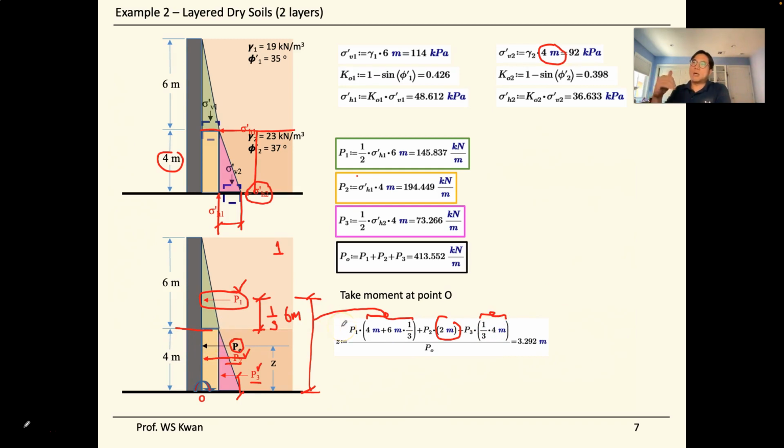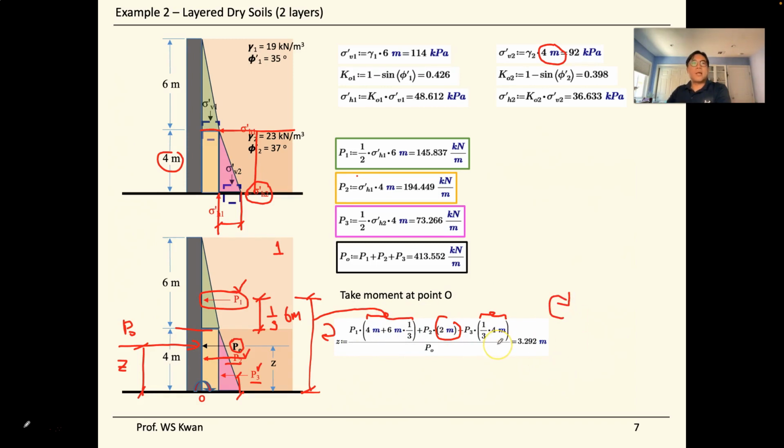And all this counterclockwise loading is resisted by the support from the wall. So now we have the clockwise moment, P0 here loading with an unknown moment arm, which is Z that we solve for. So P0 times Z. So this way is the clockwise, and the bottom is clockwise, and the top here is counterclockwise.